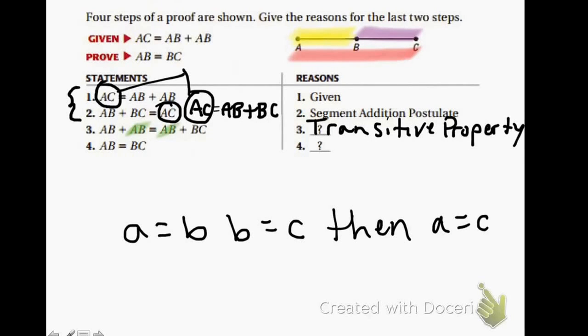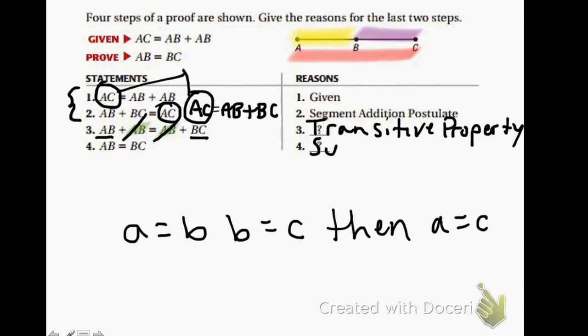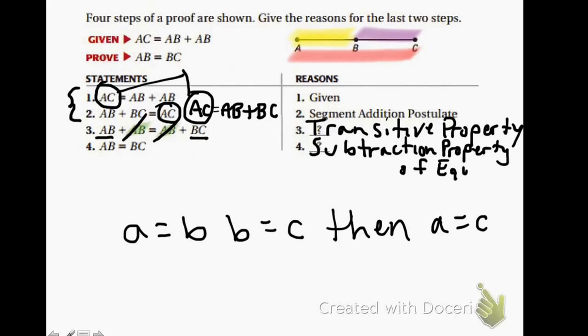Let's take away an AB from both sides. So that goes away, and that goes away. And what does it leave us? Well, it leaves us the AB and the BC. So we say that was done from the subtraction property of equality. You can just put the subtraction property. I'm okay with that.